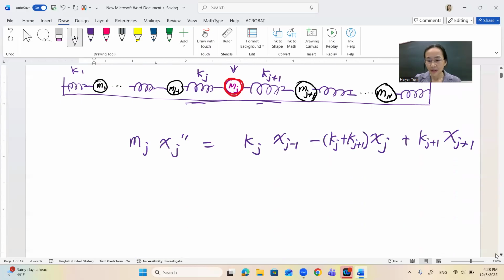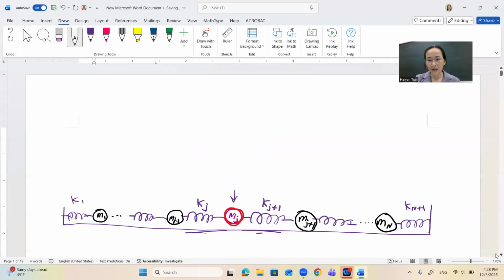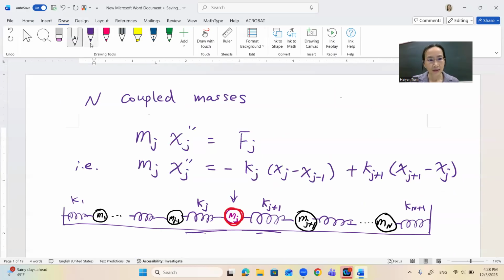So let's rewrite the system so we can collect the terms. You see xj has the coefficient negative kj, and also negative kj plus 1.